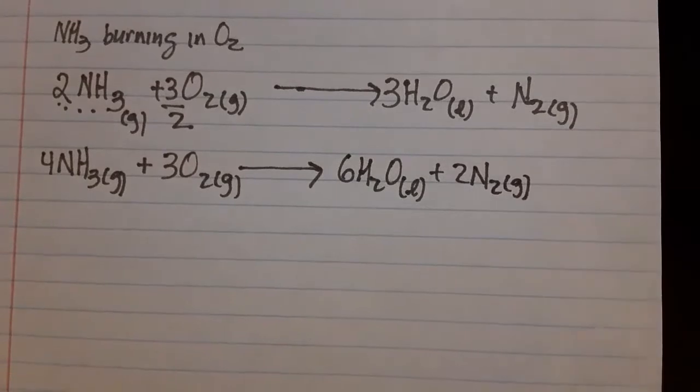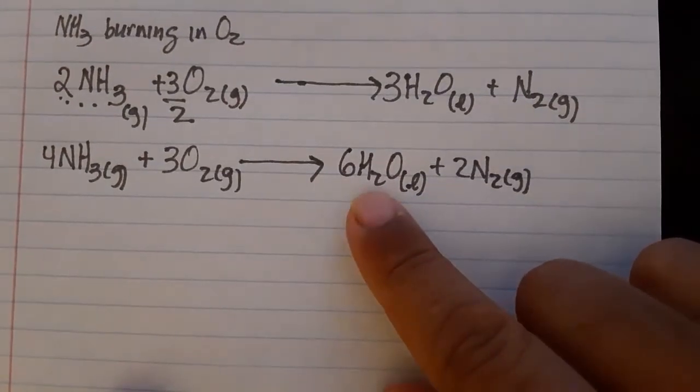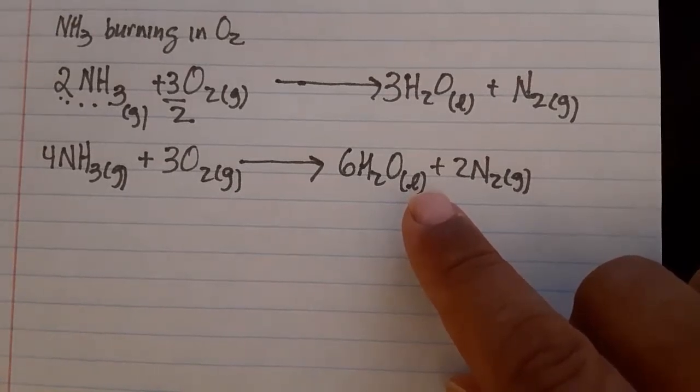All right, now we'll do our products over reactants, getting our enthalpies of formation from the back of the book. So don't forget, for water as a product, it's going to be 6 times what we found for water in the back of the book for the standard enthalpy of formation.